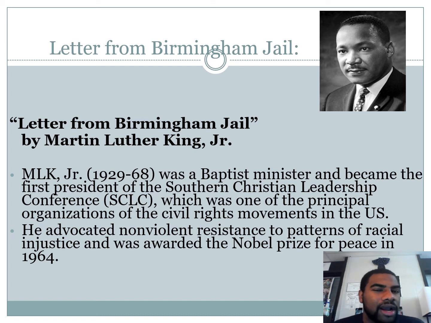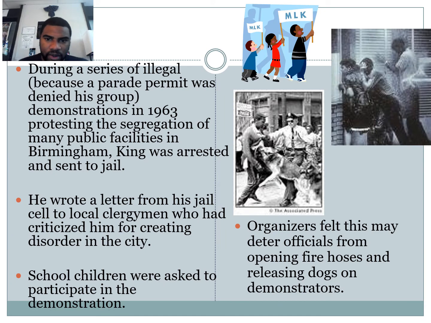I will talk to you in a little bit more detail about Dr. King in real time. During a series of illegal demonstrations in 1963, because a parade permit was denied to his group, protesting the segregation of many public facilities in Birmingham, King was arrested and sent to jail.